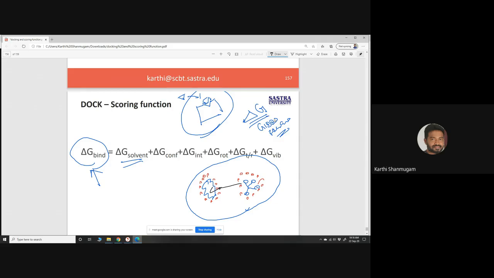Is the question understandable? So first we have to find the binding site. No, leave that, we know where the binding site is present. For the given scenario, what should I do? I have a protein molecule which is surrounded by water. I have a ligand molecule which is also surrounded by water molecules. I just wanted to bind this ligand to the protein binding site. What should I do?